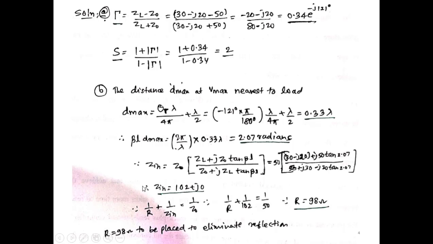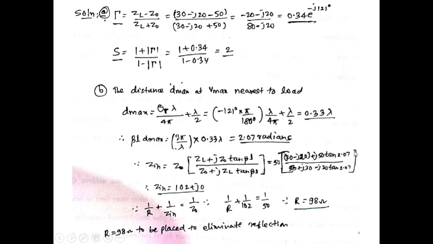Next, the formula for Zin is equal to Z0 into bracket ZL plus J Z0 tan beta L, since alpha is equal to 0, whole divided by Z0 plus J ZL tan beta L. Substitute the value of Z0, it is given as 50. It's a bracket, ZL is 30 minus J20 plus J into Z0 50, tan of angle 2.07 radian, whole divided by 50 plus J into 30 minus J20 tan of 2.07 radian.